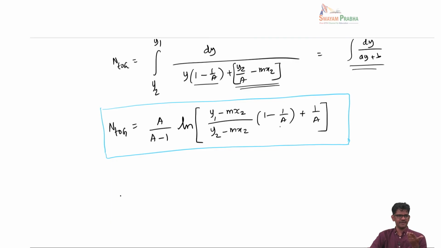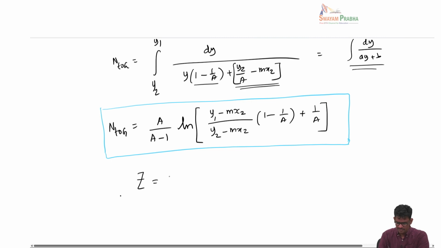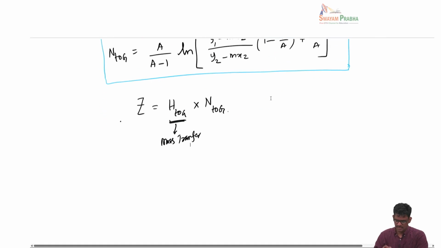But the mass transfer rate effect comes through HTU, the height of a transfer unit. Therefore, the height of the column is written as the product of HTOG and NTOG. This includes the mass transfer coefficient or mass transfer rate, interfacial area, and the flow rate.